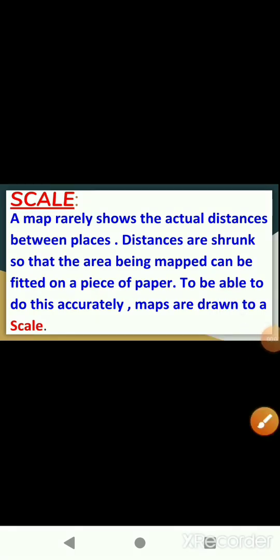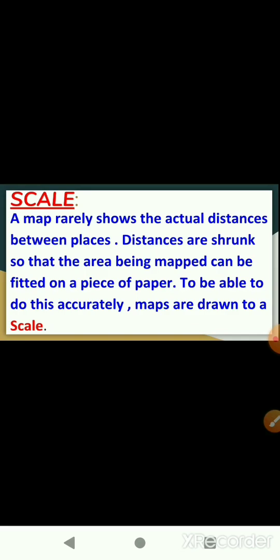As we saw initially, the boy and his photograph. Do you remember, children? As the boy's photograph was scaled down, similarly, we use scale in maps so that the larger area can be shown in a small piece of paper.